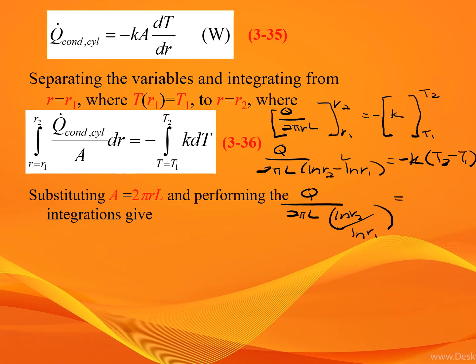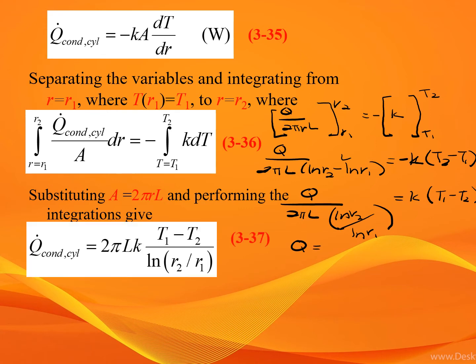So we can rearrange back this equation, cancel out the negativity, and K (T1 minus T2). So this Q will be equal to, okay, like this, 2 pi L K times (T1 minus T2) over ln R2 over R1.